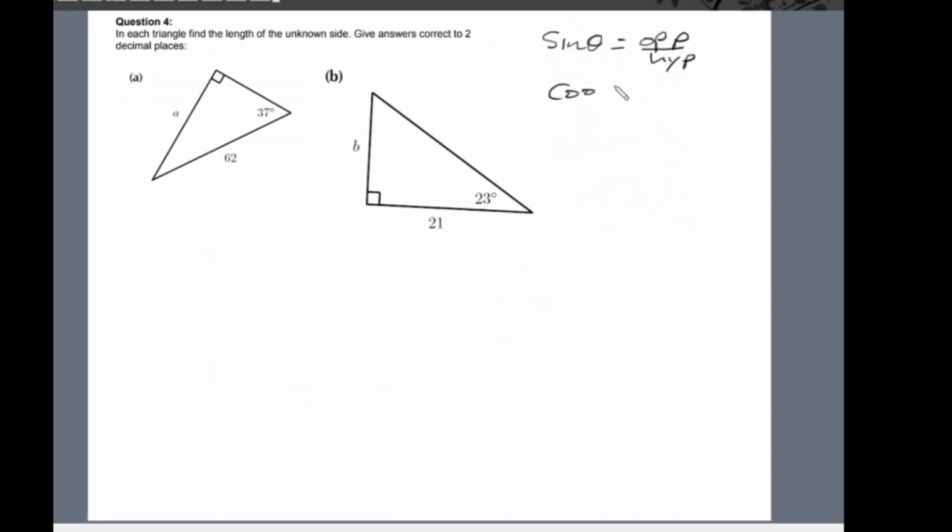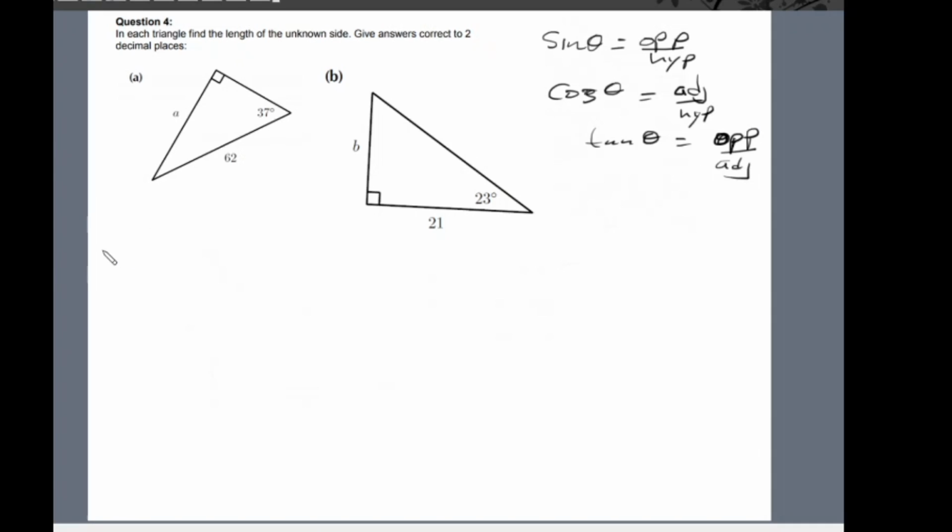Cos theta is adjacent over hypotenuse. Theta can be any angle, right? And then tan theta is opposite over adjacent, right?